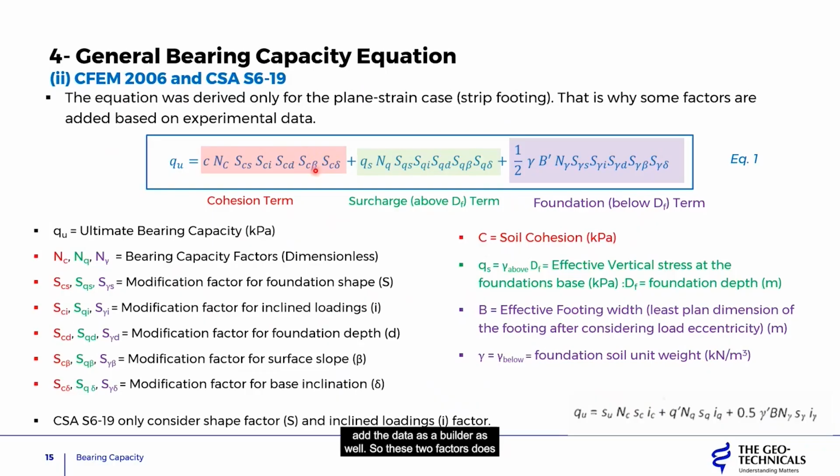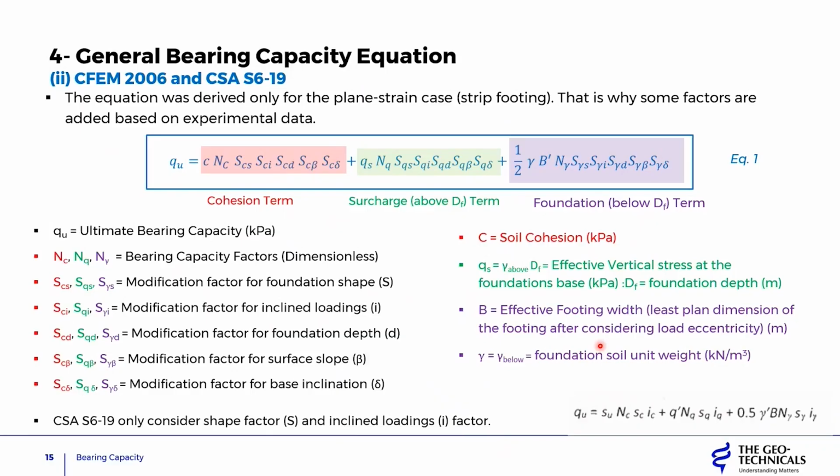So these two factors do decrease the bearing capacity. The depth factor usually increases the bearing capacity, but that's why it's fine if they don't consider it here, because it's more conservative. But if they don't consider beta and delta, that will be a problem for you, because basically you will calculate Q ultimate equal 100, but if you consider the sloping ground, it will be 50 or even 30. So it significantly changes.